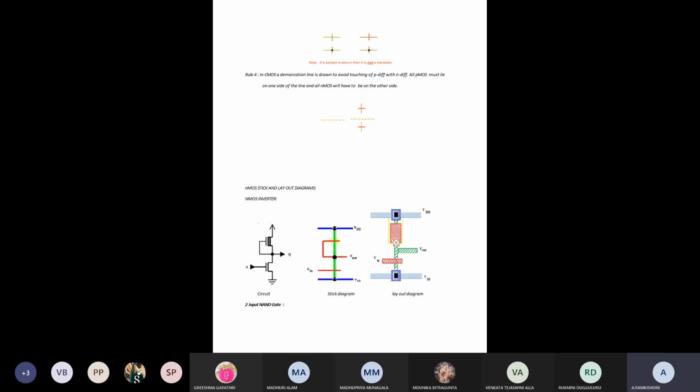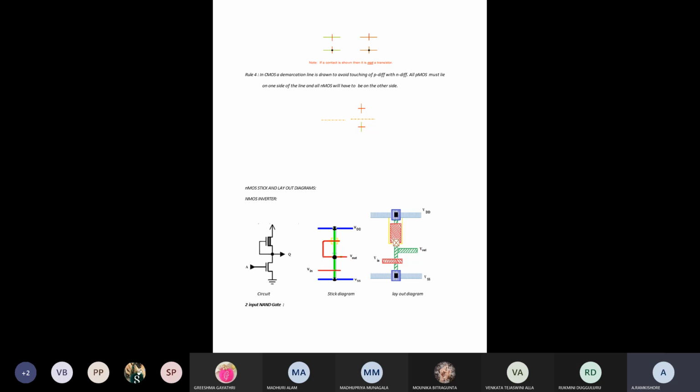Scaling means that for every layer we have some rules and regulations, so we have to maintain some lambda rules. We will discuss those lambda rules in coming classes, but in today's class, it is only when we are drawing a stick diagram. The same implementation will be implemented with a scaling factor.